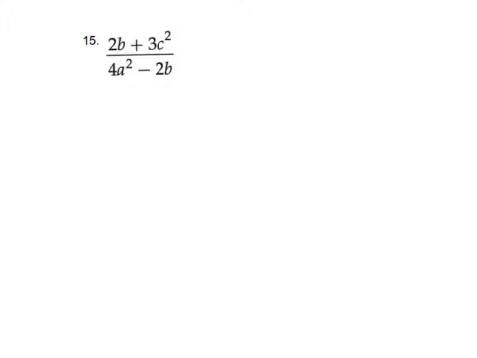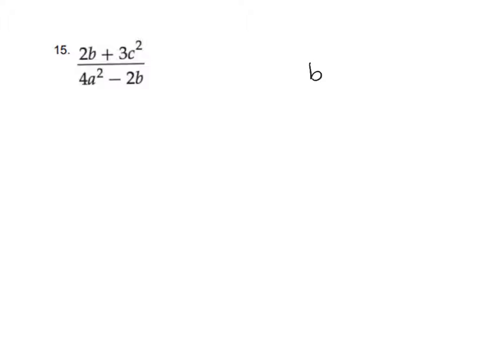So on problem 15 here, we have 2b plus 3c squared over 4a squared minus 2b. The values are b is 4, a is 8, and c is 16. So I'm going to start by substituting those values in.